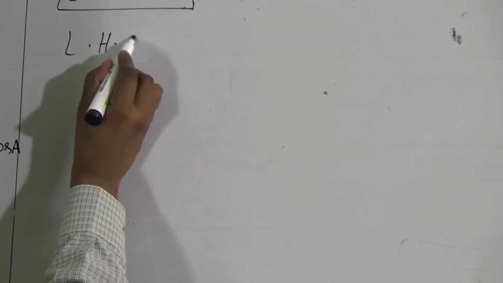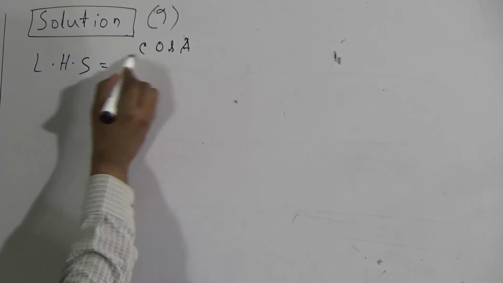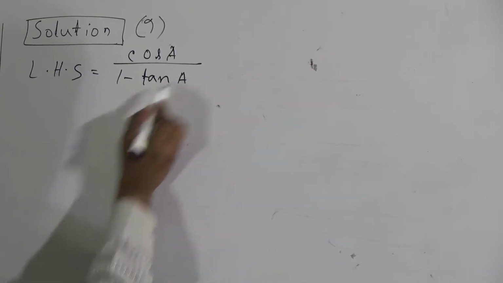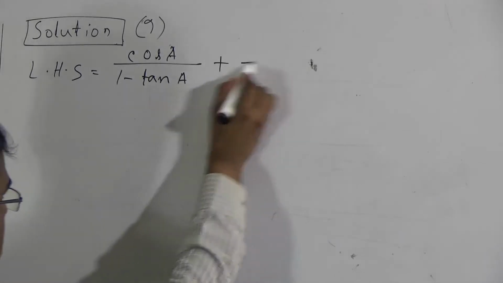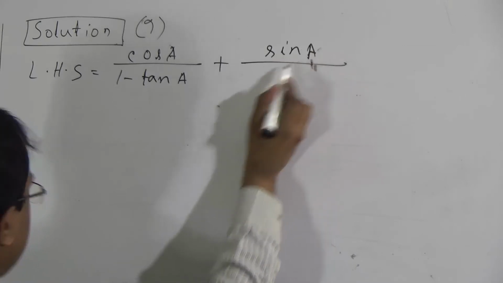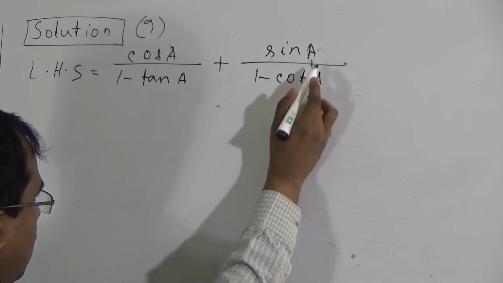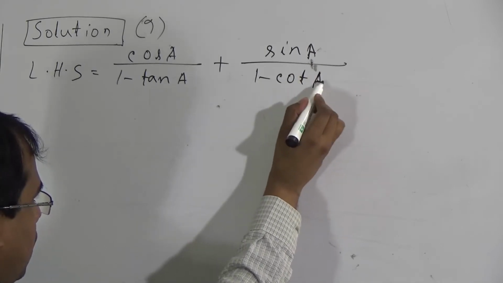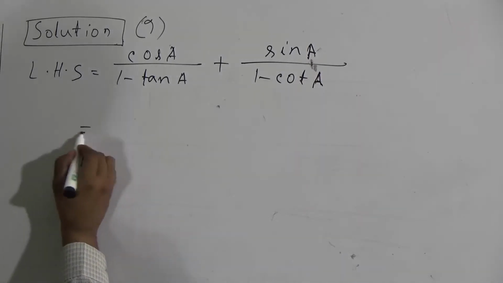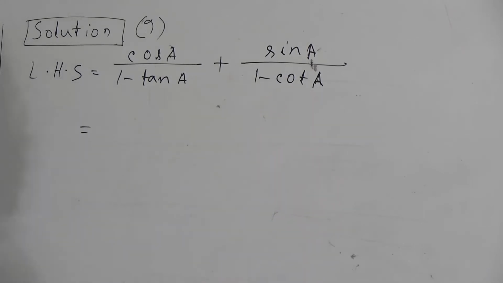Here left hand side is equal to cos A divided by 1 minus tan A plus sin A divided by 1 minus cot A. In this math, in right hand side sin A and cos A exist. So instead of tan A we can write sin A by cos A, and instead of cot A we can write cos A by sin A.